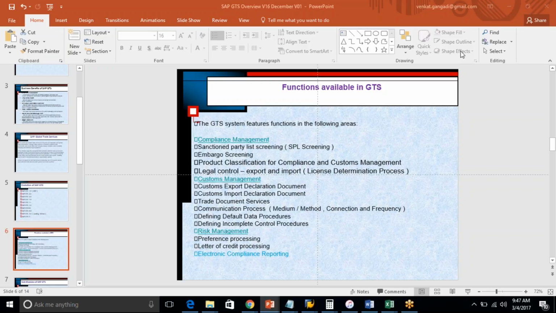That way we are able to face the client during the workshop, and you will be able to explain all the business processes available in the GTS module to your client, so that the client can choose whichever functionality is suitable to their business process or business scenario.